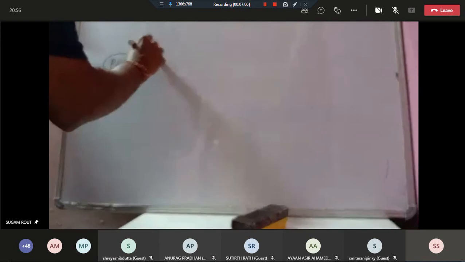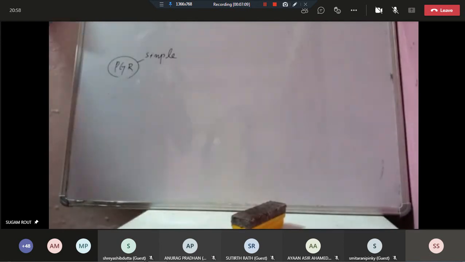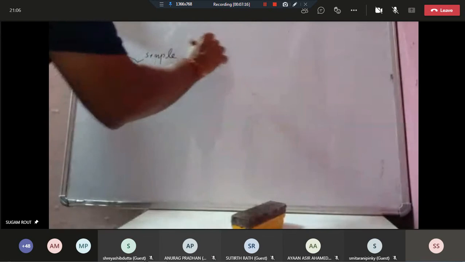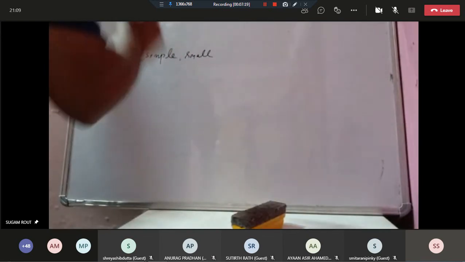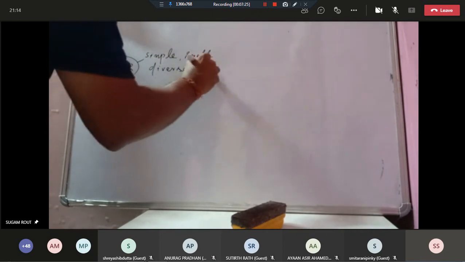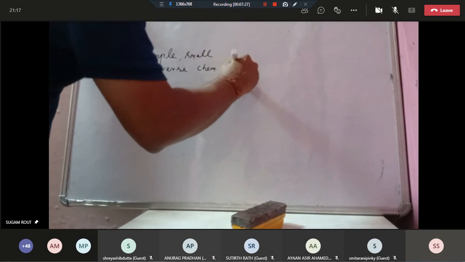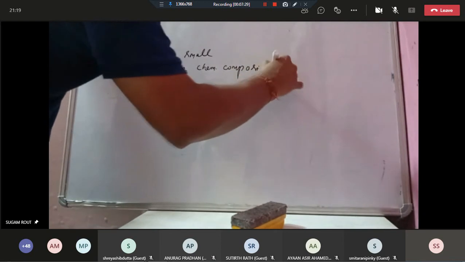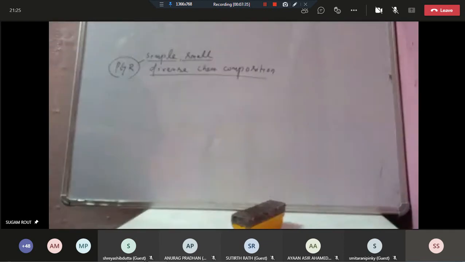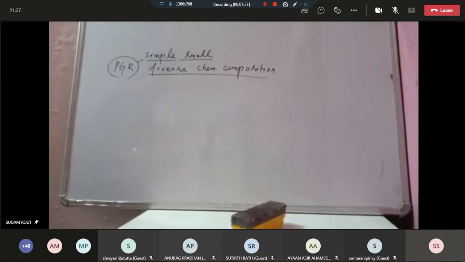These are very simple, small molecules with diverse chemical composition. These are plant growth regulators.